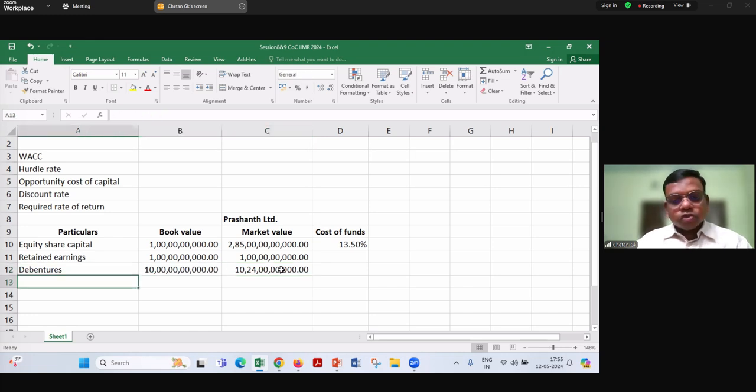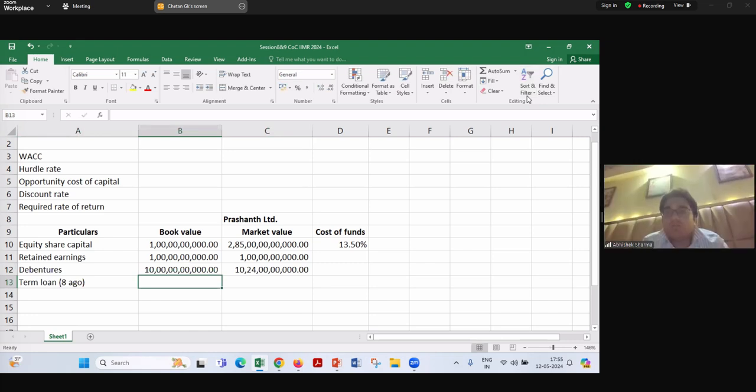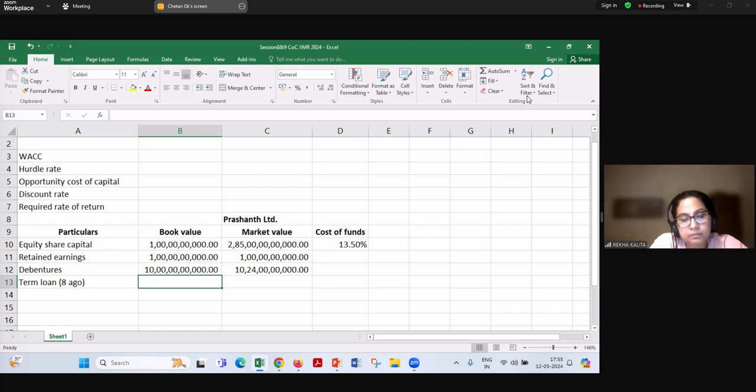So the company has got some term loan as well. What is a term loan, by the way? A long-term loan usually taken from banks or some private financing, usually banks, for the creation of fixed assets.